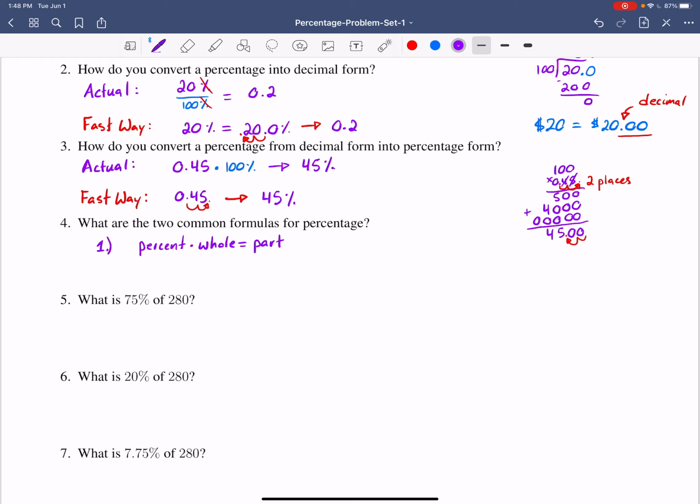Well, 60 would be the whole number of seats on the bus. And say that 30 of those seats were filled, we'd put the part that's full under part, which is 30. And here we do not know the percentage quite yet, so we could just put P for percent, and we could solve this using a little bit of algebra for the percentage. So that's the idea of how we use this formula.